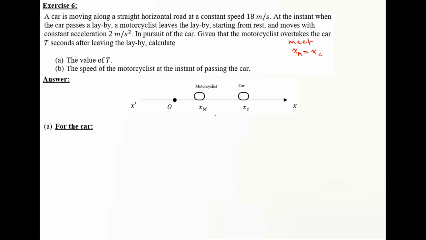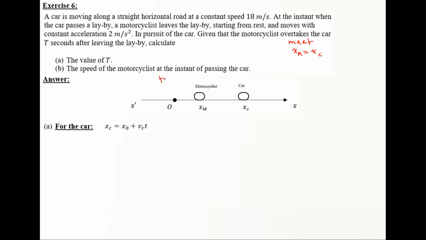Then in order to do so, we need to refer the type of motion for the car and the motorcyclist. The type of motion of the car is uniform motion, and it's governed by this equation. Now, how about the initial position? Now, the origin of time will be taken when the car passes the motorcyclist at the lay-by. So initially the car was here.